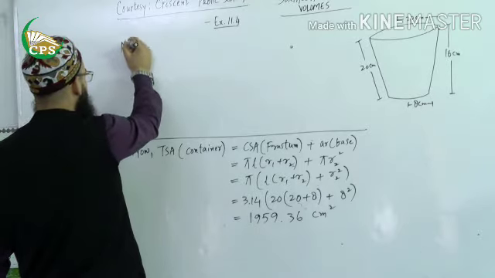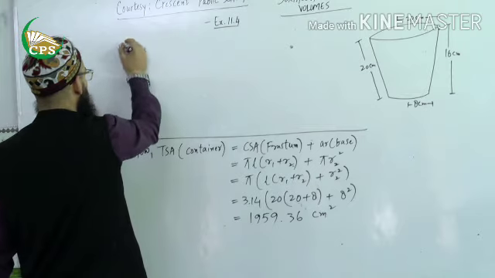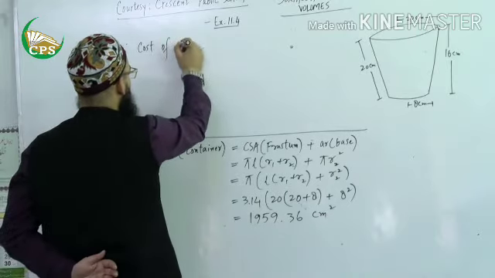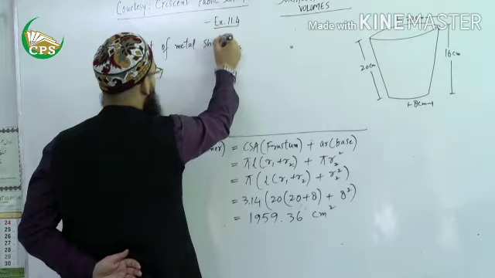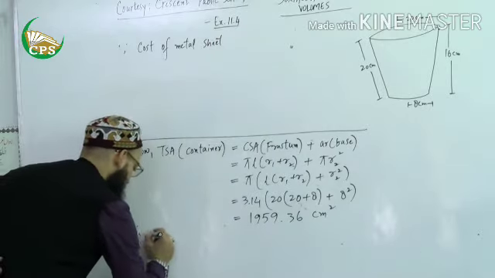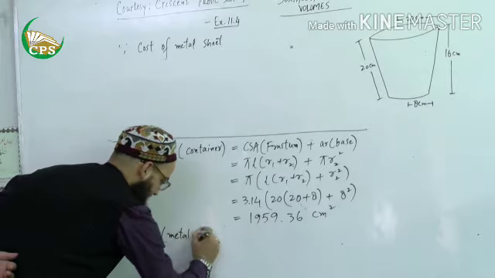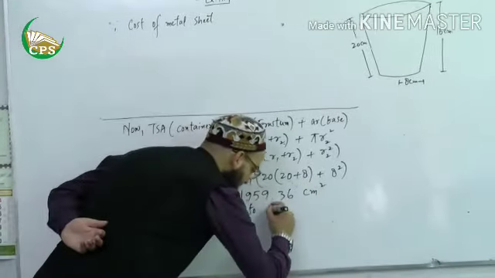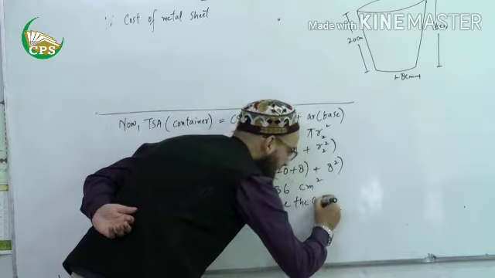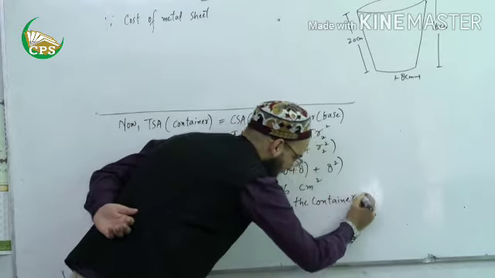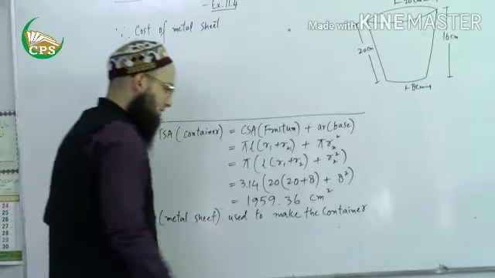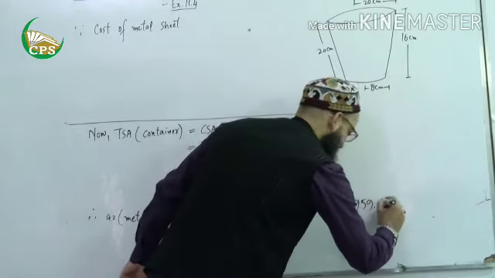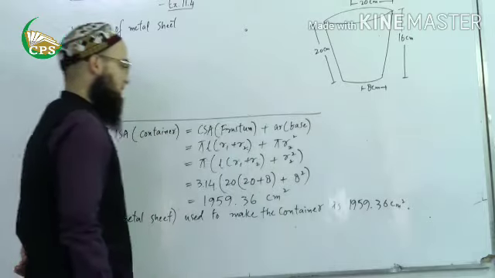Now, or you can write, since cost of metal sheet, first you can write here, therefore area of metal sheet used to make the container is 1959.36 square centimeter.